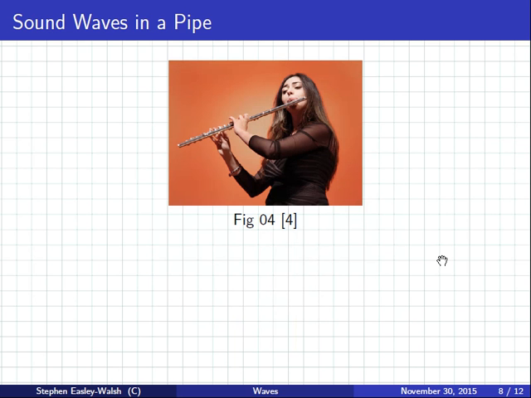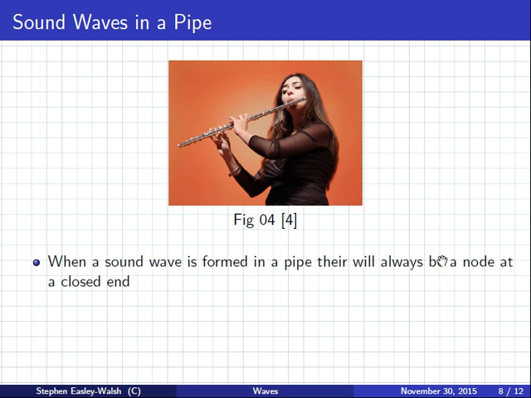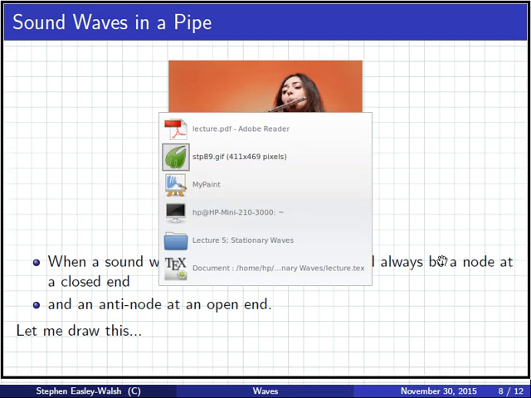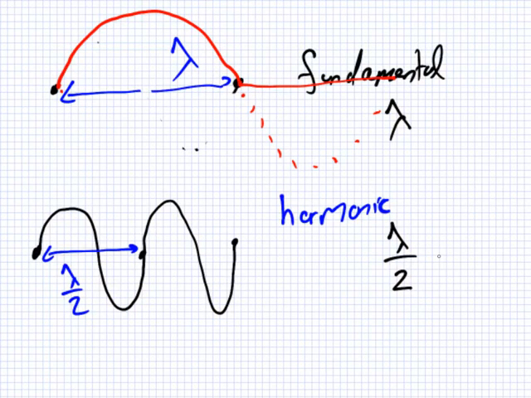Right, so you can get sound waves not just in a string but in a music instrument. I think this is a clarinet, like a flute, something that you play, a pipe. So I think again I'll draw this one here. There's two key different pipes.